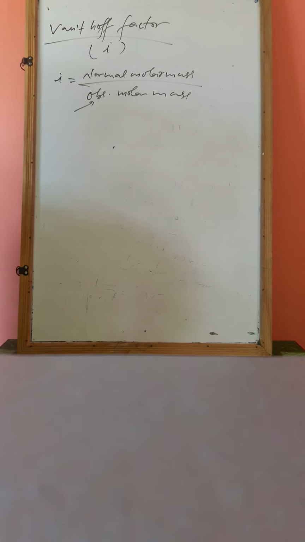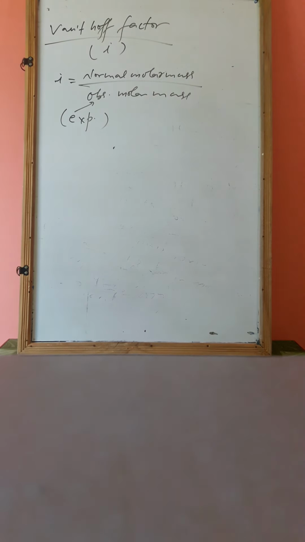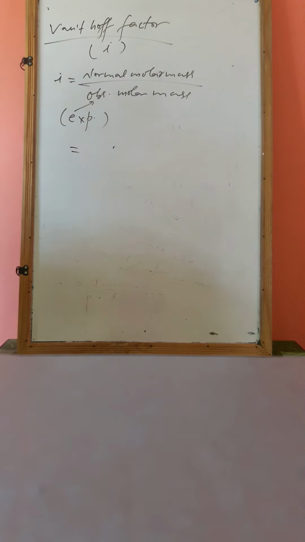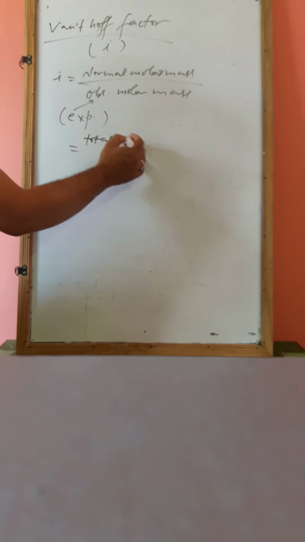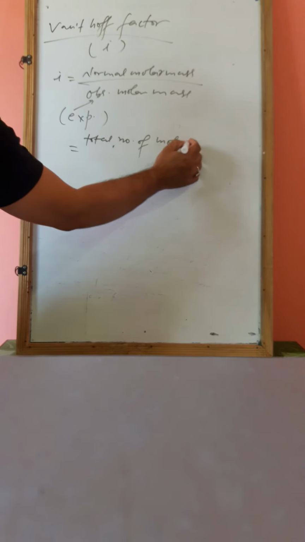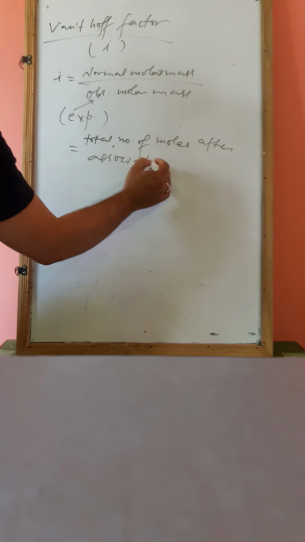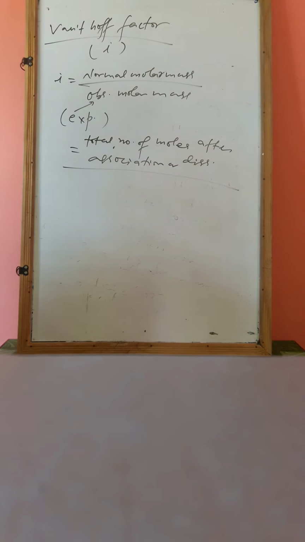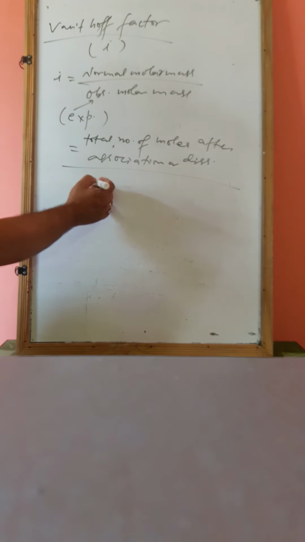Observed molar mass means the molar mass that is obtained by an experiment, which is equal to total number of moles after association or dissociation divided by total number of moles before association or dissociation.